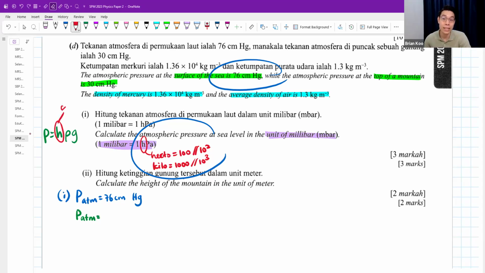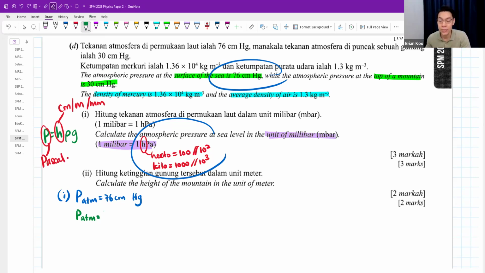This is the height or the depth. This is your cm, your how many meter, how many mm of Hg, H2O, whatever. And this must always be Pascal.